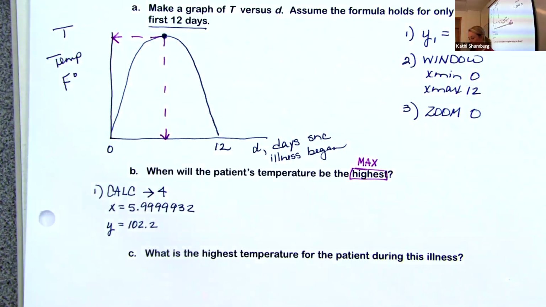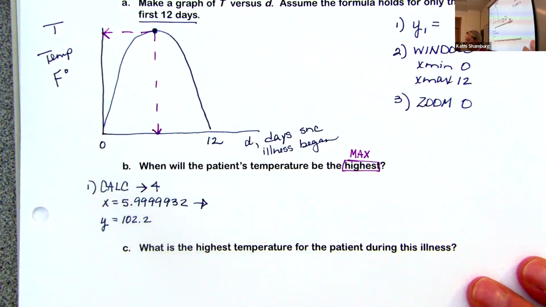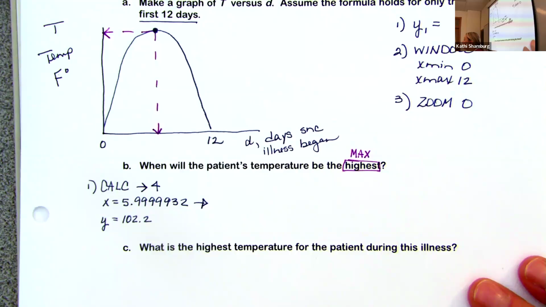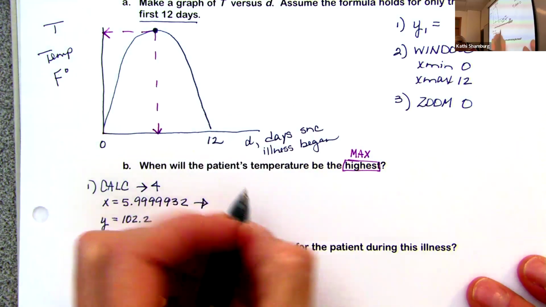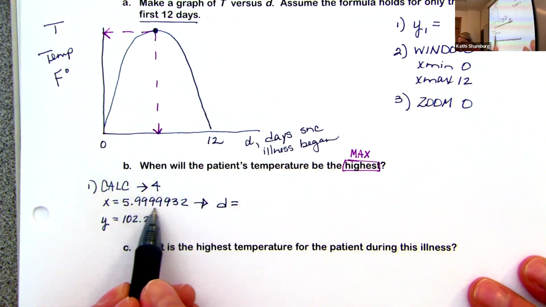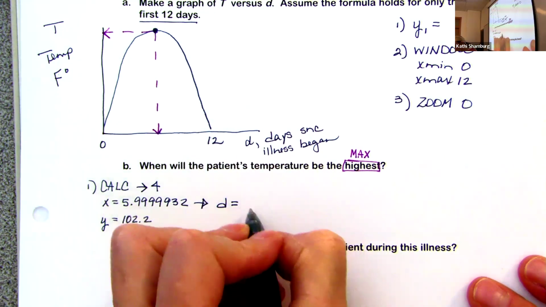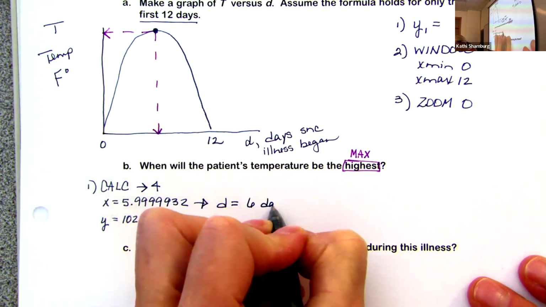Okay, all right, so I'm going to figure out what those represent. What's your variable in this problem? Not x, but d. So d equals, now y'all, there's all those 9s, so even if we went out 1, 2, 3 decimal places, what is this going to round to? 6. So I'm going to say 6 days.